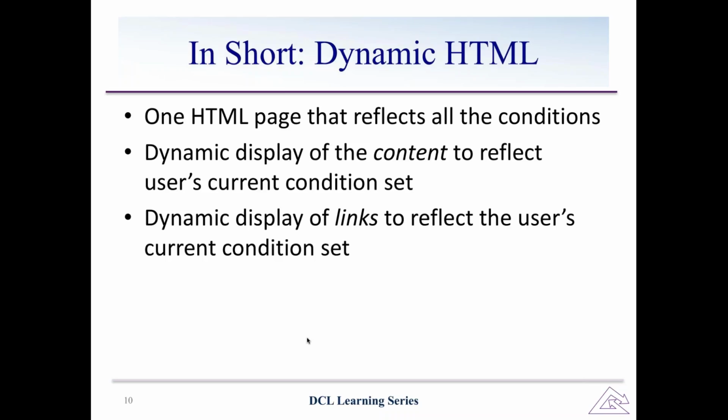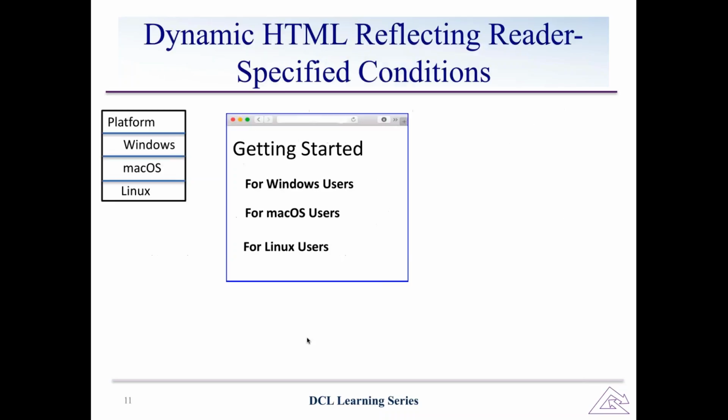Right? So one of the challenges is having gotten to a page that then has links out of it, I only want to actually see or follow the links that will take me to what's still relevant in the context of the conditions that I had set as I came into that topic. Right? It's an interesting challenge.